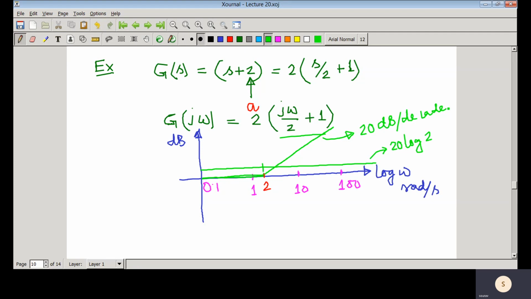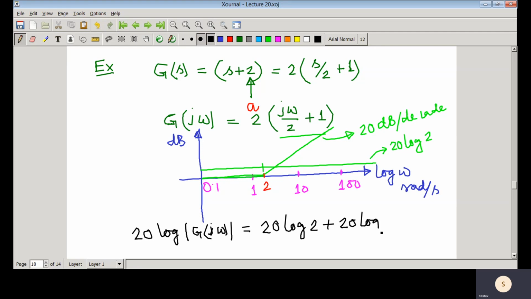Now if we take 20 log of G j omega, what do we get? We will get 20 log 2 plus 20 log of this particular factor, that is j omega by 2 plus 1.